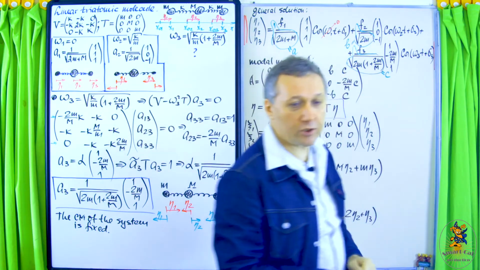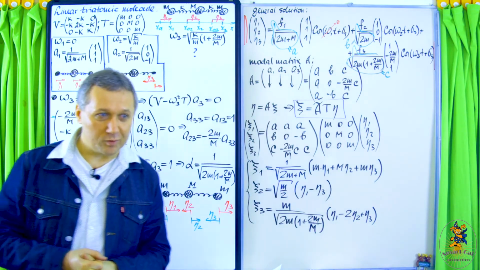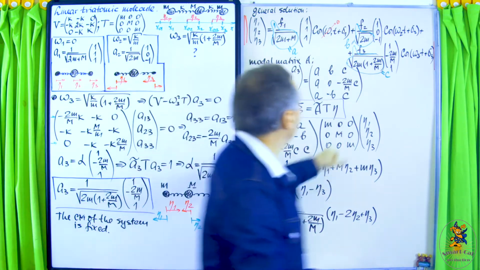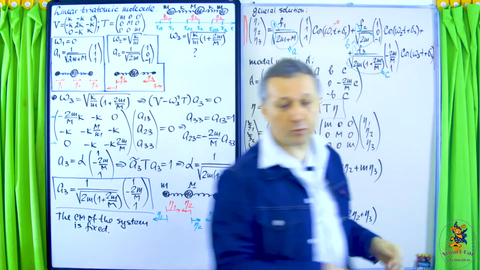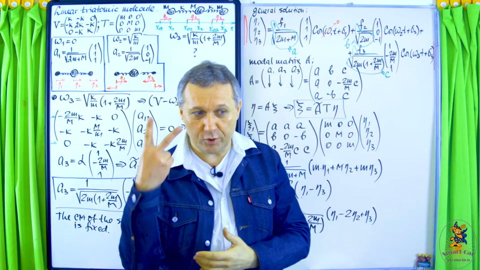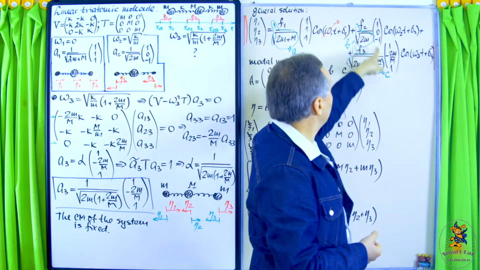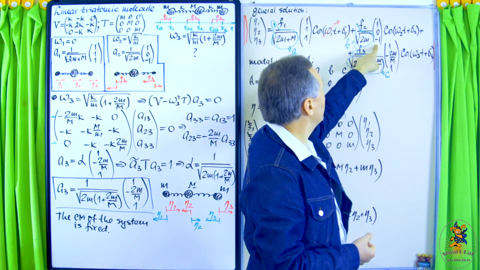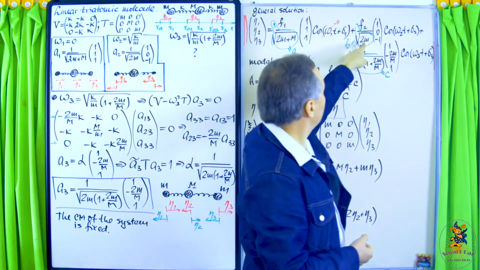Now let's just quickly check, just to be safe, the second normal mode. Okay, we're subtracting. So if you take this minus that, it's 1 minus minus 1, it's 1 plus 1, 2. You'll get amplitude of 2. And then this factor. So we have 2 in the numerator and 2 downstairs.